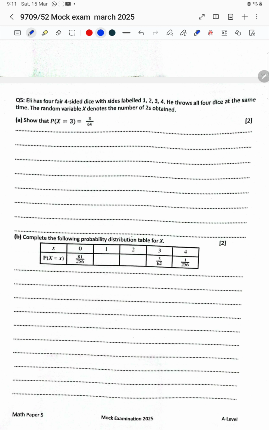So we have to show that the probability X is 3 is 3 by 64. The probability of getting 2 will be, out of these 4 numbers, 1 out of 4, and the probability of not getting 2 is 1 minus 1 by 4, that will be 3 by 4.